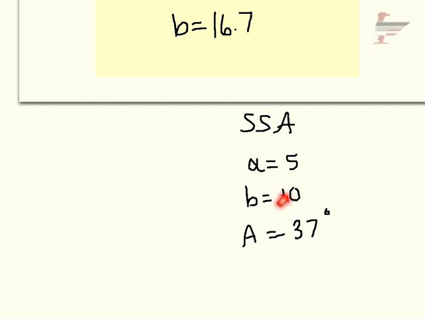For example, it could be that these lengths and this angle cannot make a triangle at all. So the possibility is you might not have a triangle at all. And there's a video on Moodle that talks through the no triangle case. Another possibility, of course, is that this angle and these two sides create just one triangle.